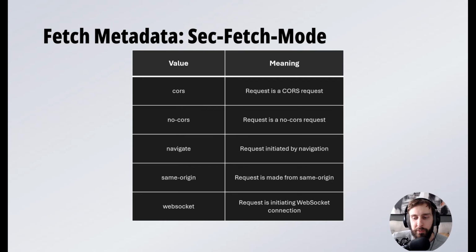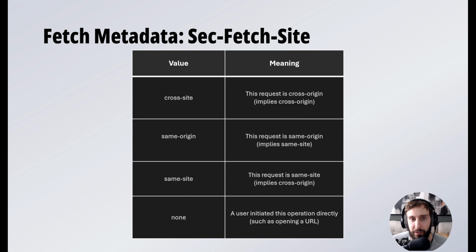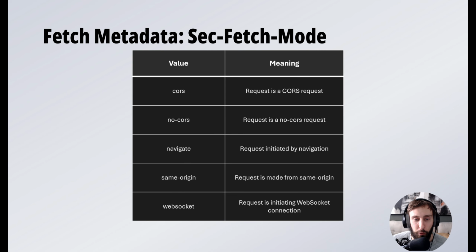But from a security testing point of view, if you're looking through a lot of traffic in an application and want to better understand the context of certain requests, the mode can actually be very helpful for that purpose. And so can Sec-Fetch-Site, really all of them, depending on what you're looking for. So one thing I will make a little aside recommendation for, as far as security testing efficiency in workflows, is that these can make good filter targets if you're trying to look for certain types of traffic that your application is sending.